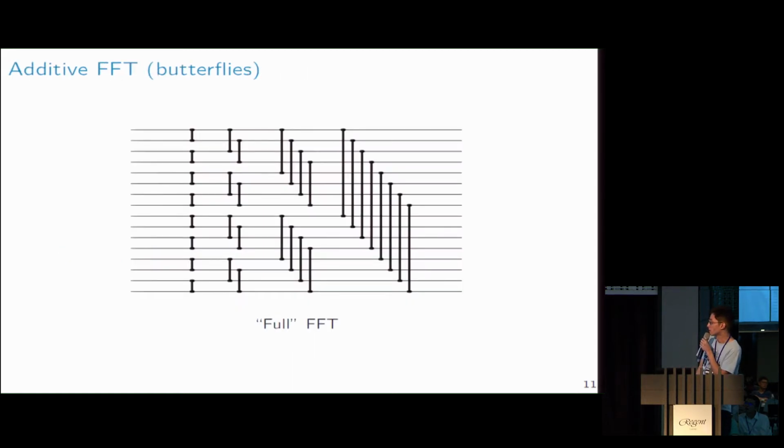Okay. So now we have the butterflies like this. I draw them as vertical line segments instead of the usual butterfly picture, but I think you can understand the meaning. If we have a full FFT, which means that the length of the input polynomial is the same as the number of evaluation points, then the picture of butterflies is essentially like this.